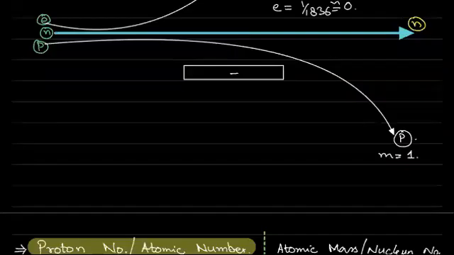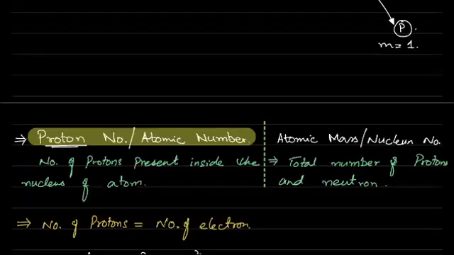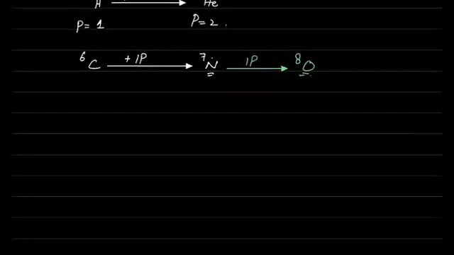Now, by using this, can you find out the number of protons, electrons, and neutrons inside the atom if the proton number and atomic mass are given to you? For example, this is argon. Ar is the symbol for argon. It has 40 and this is 18. By using these numbers, can you identify which one is the atomic number and which one is the atomic mass?